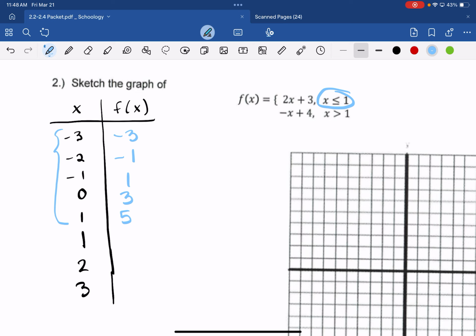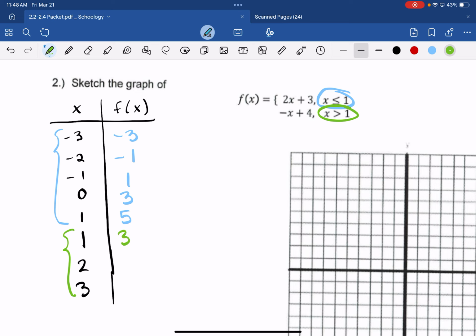Now, here's why we picked the 1 twice. Because when I plug a 1 into my second equation here, I'm going to get a different y value. So now I'm using the bottom equation as told by my piecewise function here. So if I plug a 1 in here, I have -1 plus 4. I get a -3. Nope, sorry, +3.